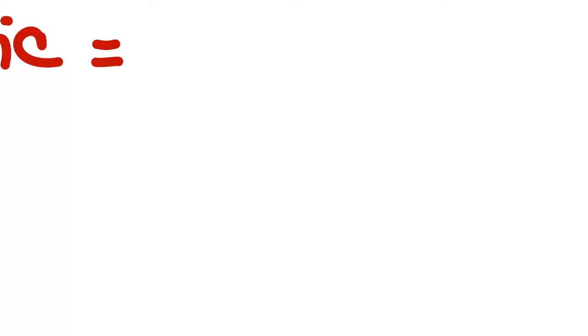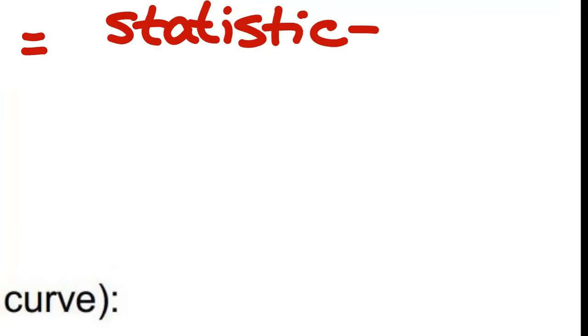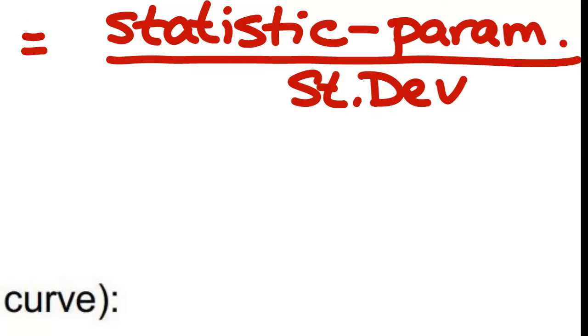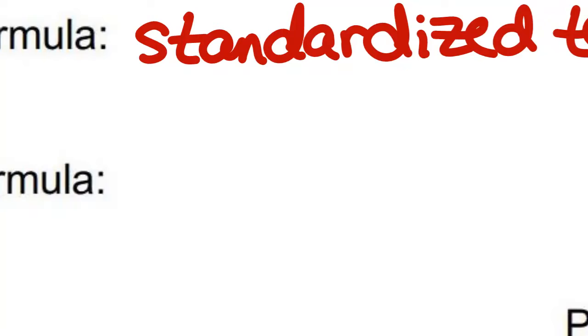What we mean by that, we take the statistic minus the parameter divided by the standard deviation. So that is a Z.